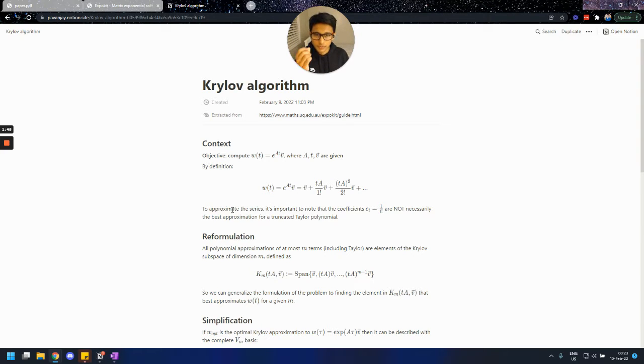And to approximate the series, it's important to note that if you take the truncation of a certain series, these coefficients that you see here, like t over 1 factorial or t squared over 2 factorial, these factorials, they're not necessarily the best approximation for the truncated Taylor polynomial. So you could imagine that we truncate it at some point, we take these terms and we change up the coefficients, the numerical coefficients, and you can actually obtain a better approximation of W of t.